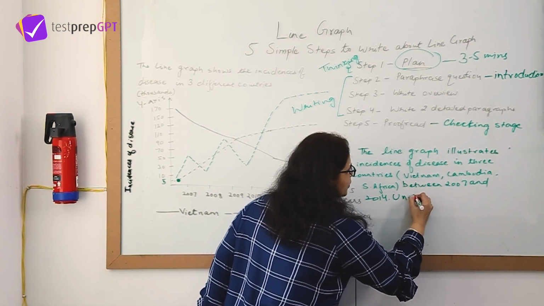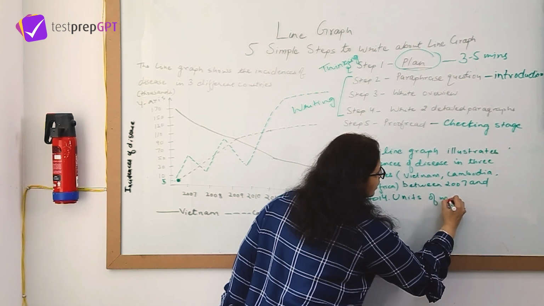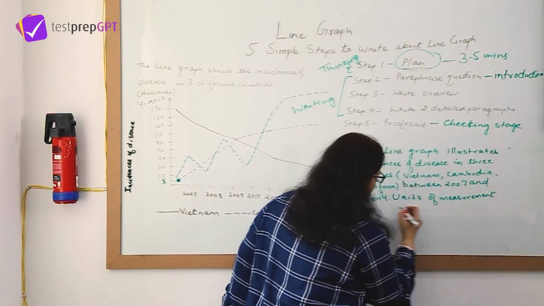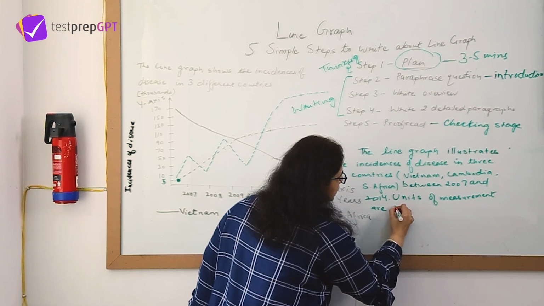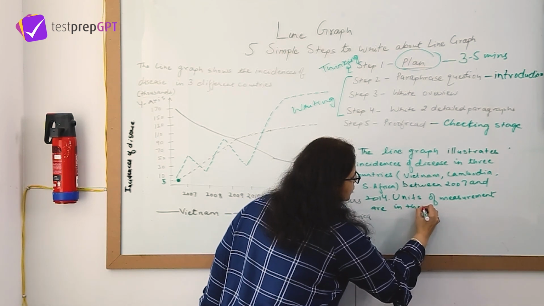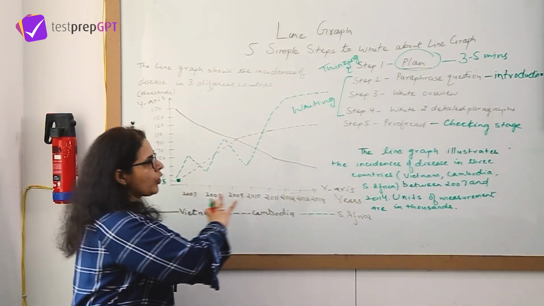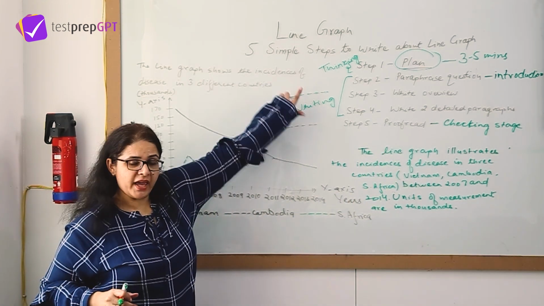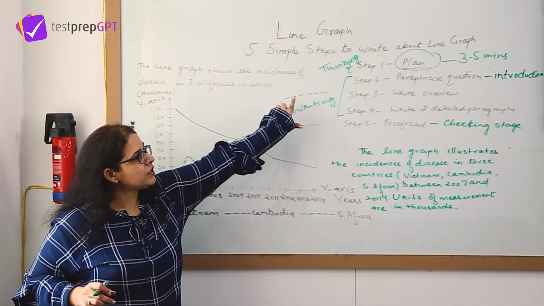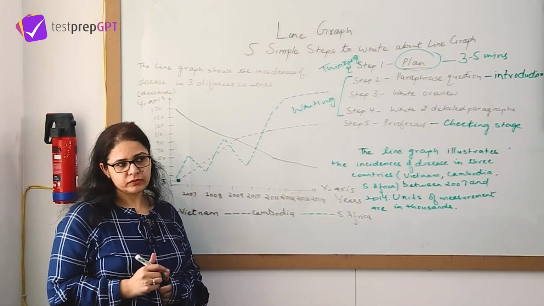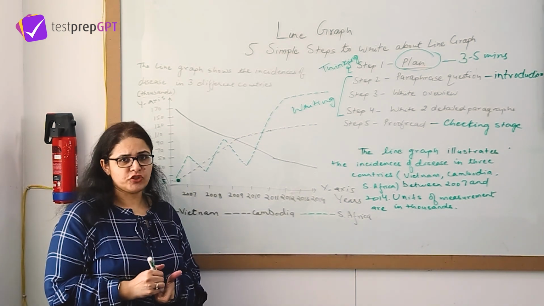Units of measurement are in thousands. So that is the second step. Here we have written the first paragraph, which is the introduction. This is how we write the introduction.